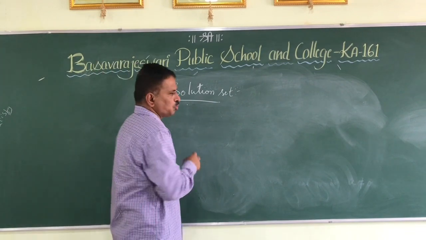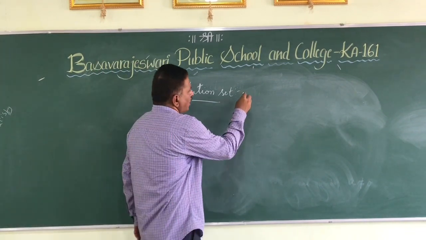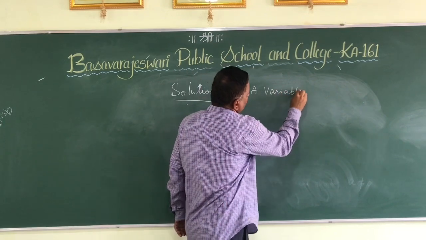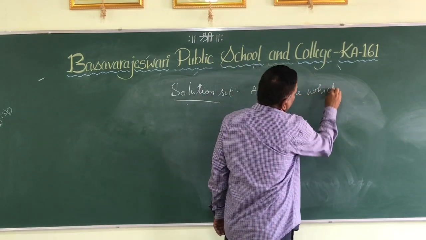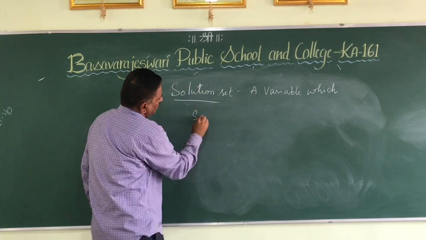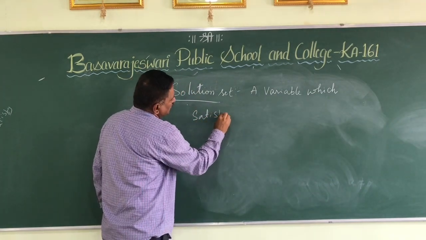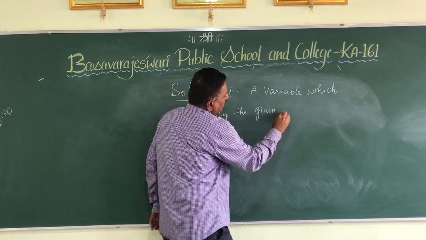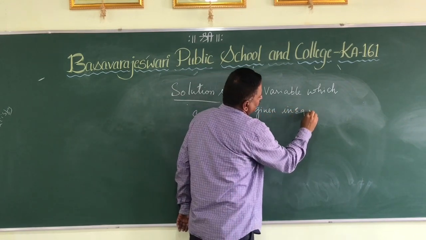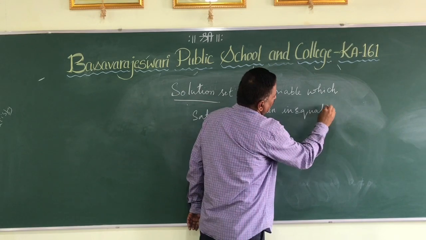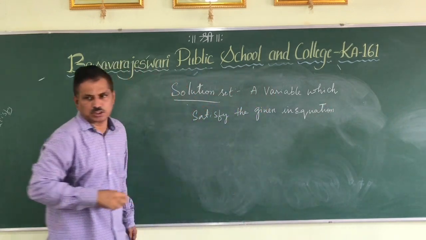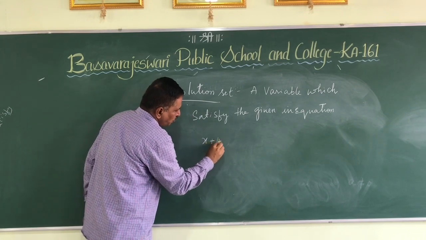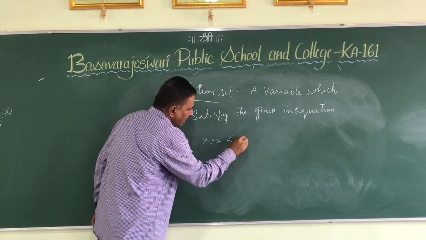Next is solution set. A variable value which satisfies the given inequation is called a solution set. For example, x plus 4 is lesser than 9.